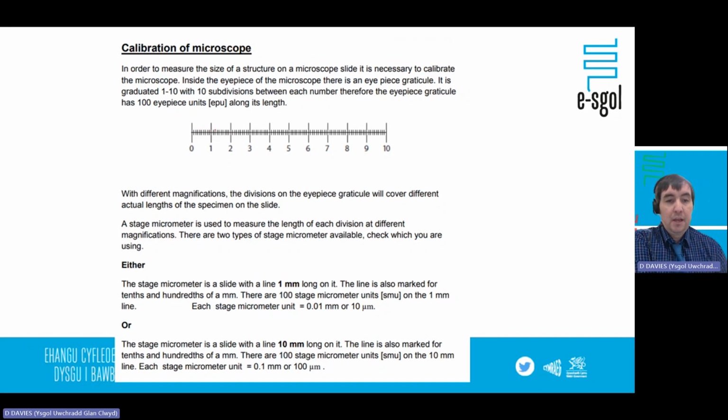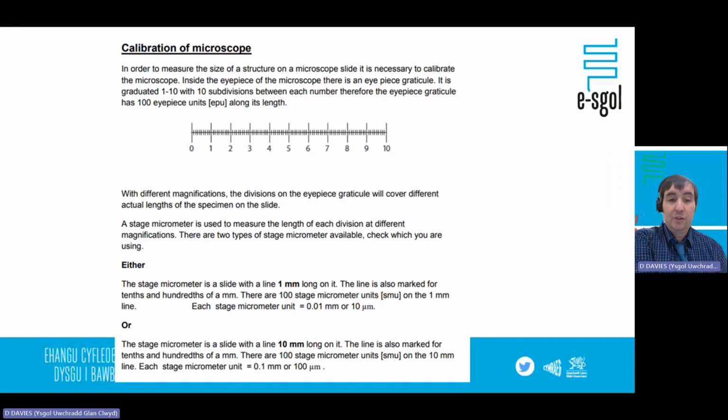Your stage micrometer either is a slide with a 1 millimeter ruler on it. The line is also marked for tenths and hundreds, so there are 100 stage micrometer units, SMUs, on that line. Or your stage micrometer is a slide with 10 millimeters on it, so 1 centimeter, and the line is also marked for tenths and hundreds.